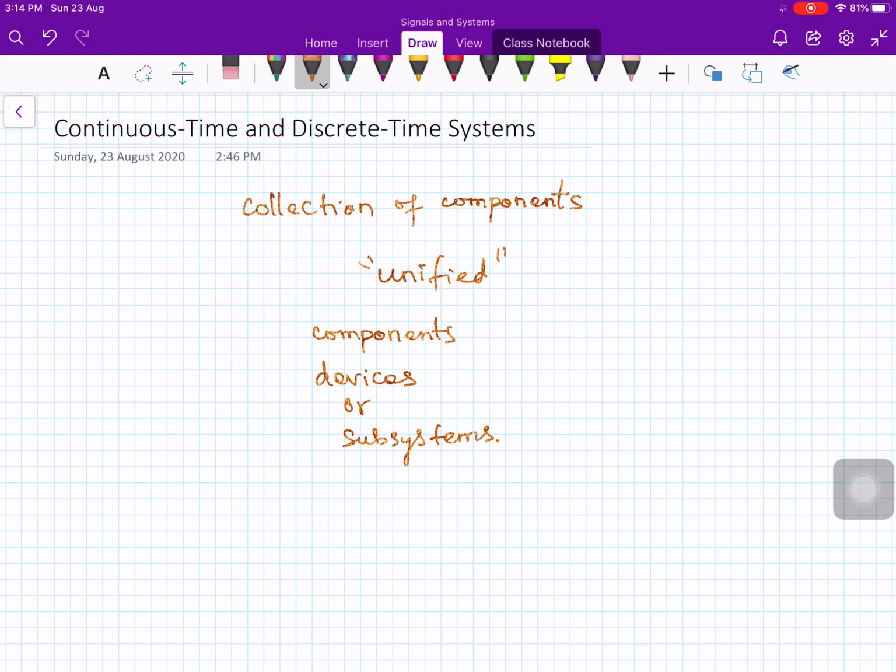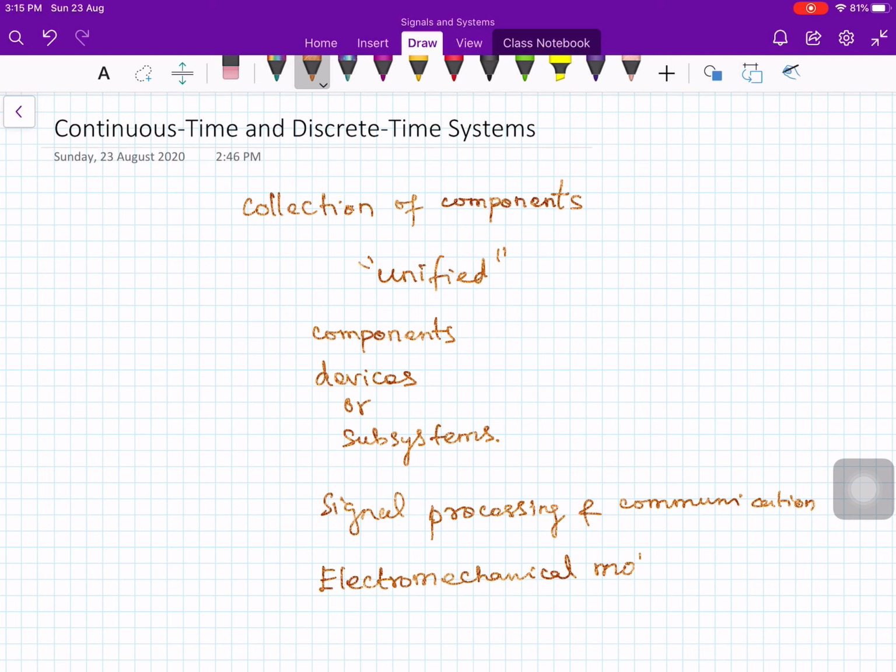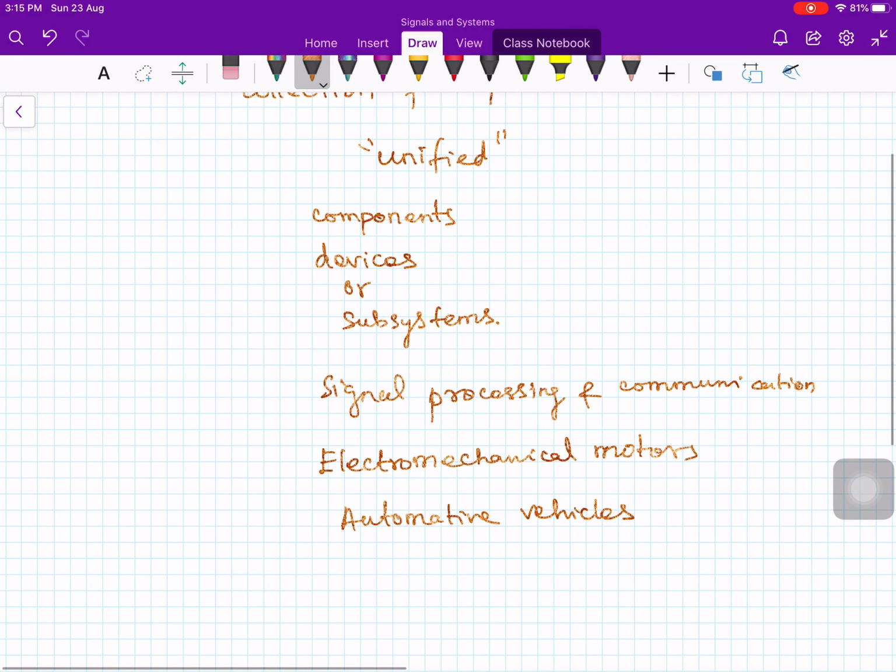So in contexts ranging from signal processing and communication to electromechanical motors, automotive vehicles, then chemical processing plants, and so on.